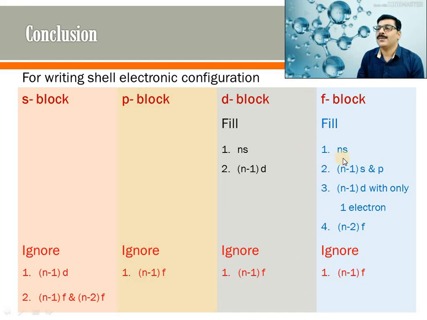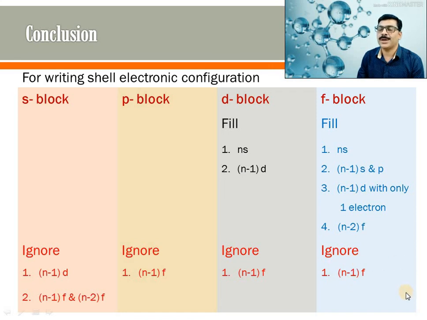First fill up ns, then fill up the n-1 s and p orbitals, then fill up n-1 d, which contains only 1 electron, and the n-2 f orbital lastly, and ignore the n-1 f orbital.